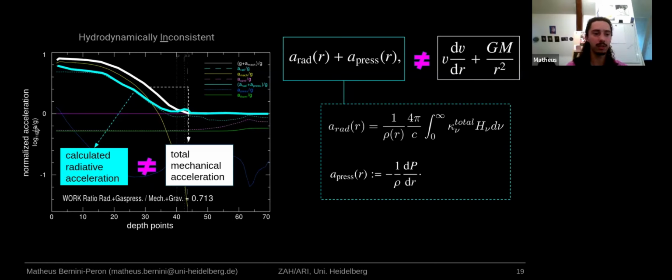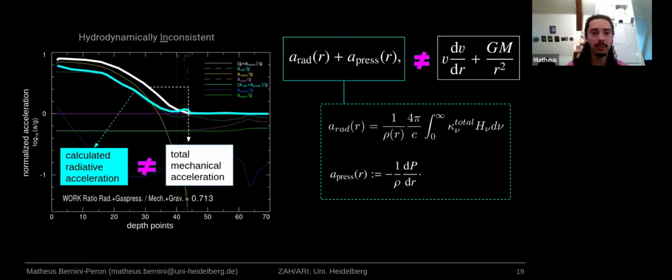Here I'm showing the different types of acceleration of the wind against some arbitrary units for the atmosphere. So here is outside, so sort of infinite outer space, and here is the interior of the star, or at least the inner layers of the envelope. It doesn't go down to the stellar structure.